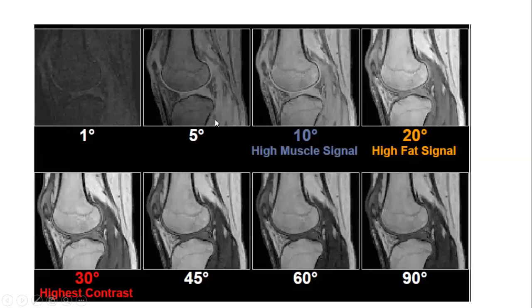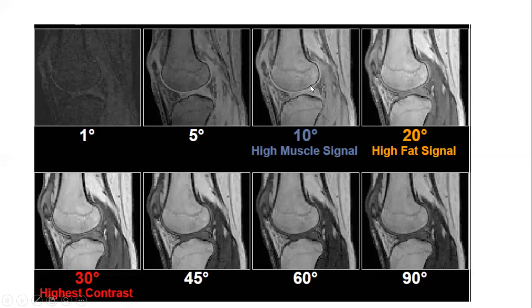When we now increase it to 5 degrees, we begin to have a contrast between this fat here and this muscle here. As the angle begins to increase, we now begin to have increased contrast.